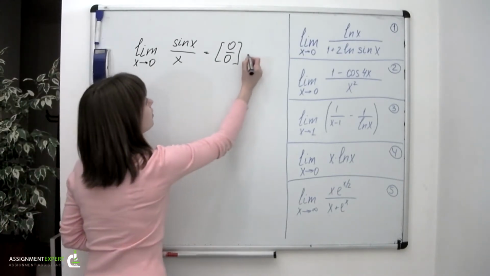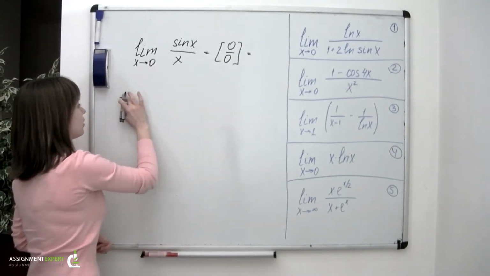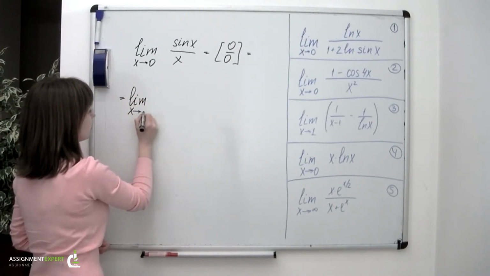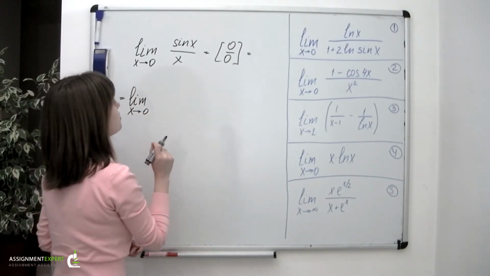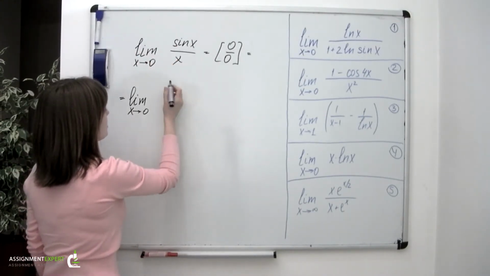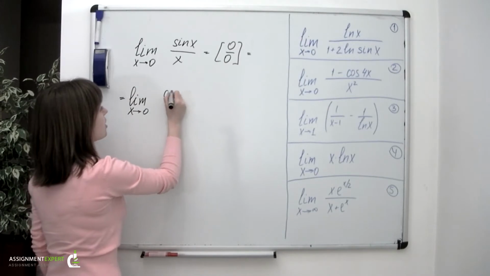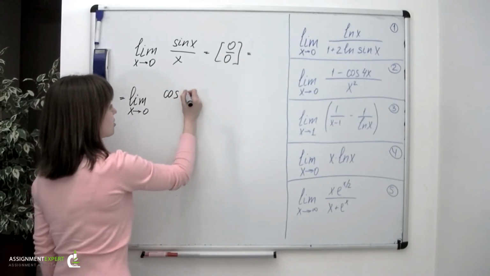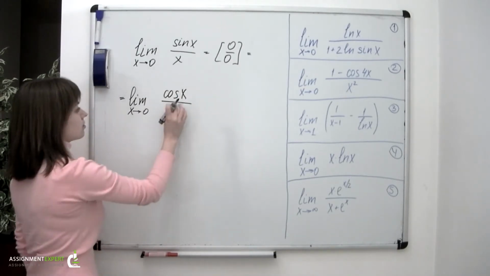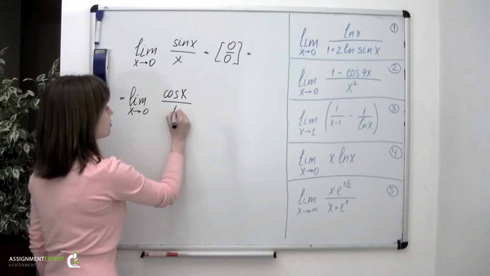So we write down the derivatives of the numerator and denominator. And instead of sine, we have the cosine function in the numerator, cosine of x, and the derivative of x equals 1.